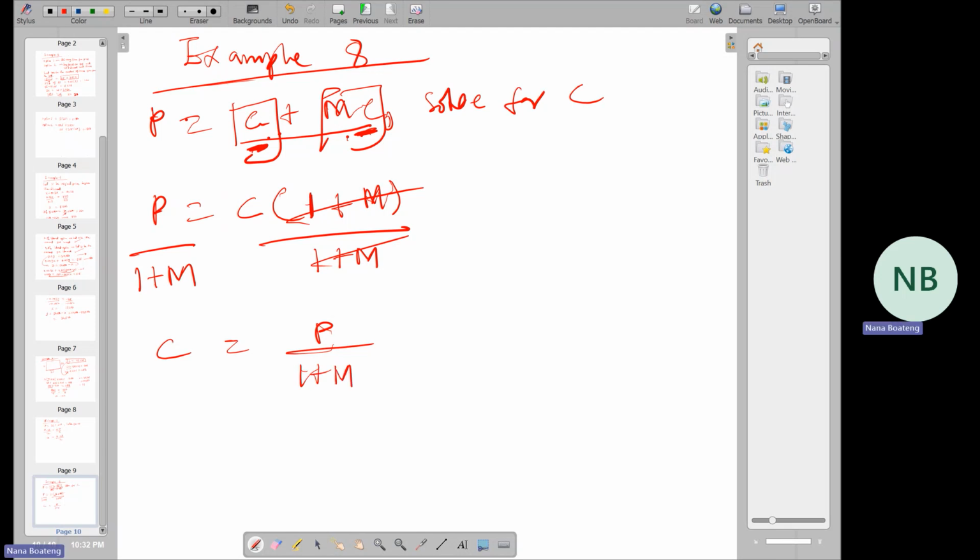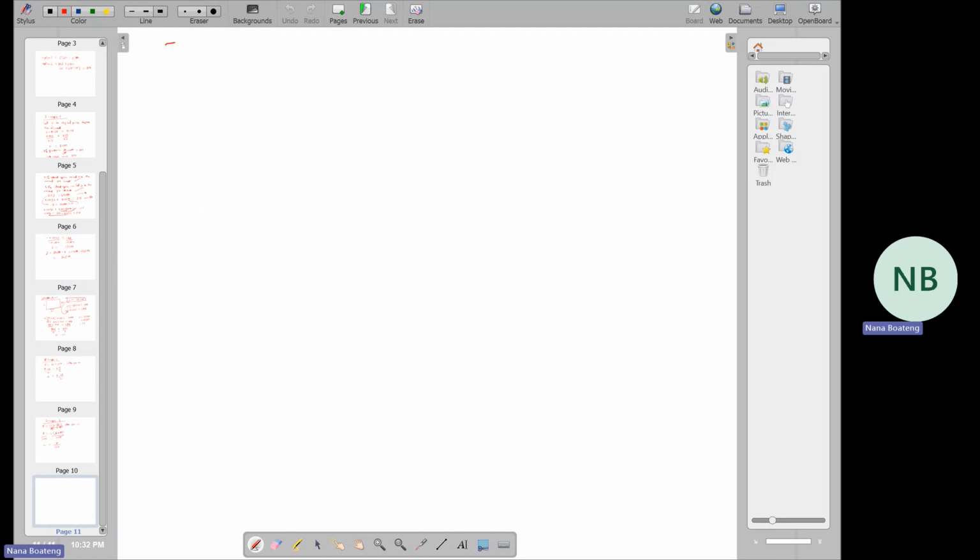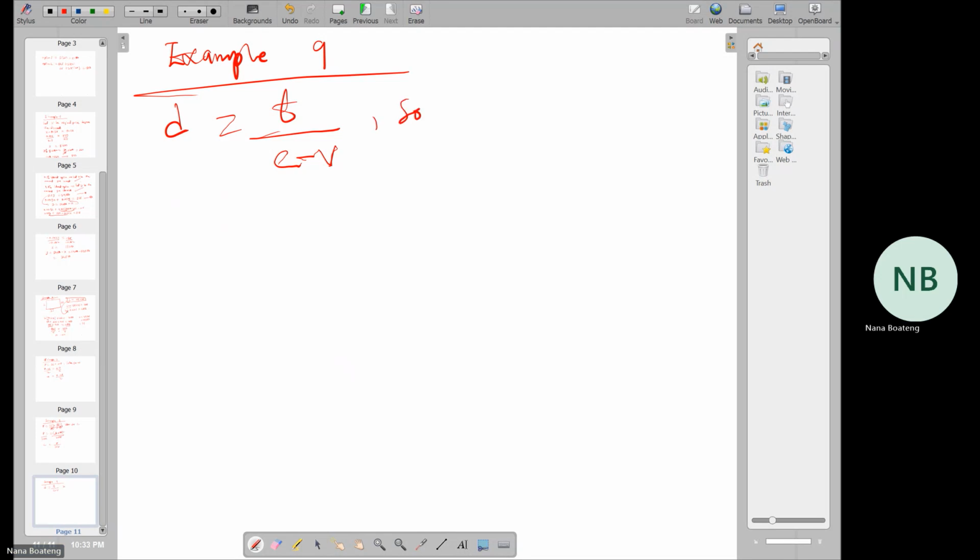All right, so let's look at the last example. We call this example 9. If we have D is equal to T divided by (C minus B), we have to solve for C. This is kind of a rational expression.